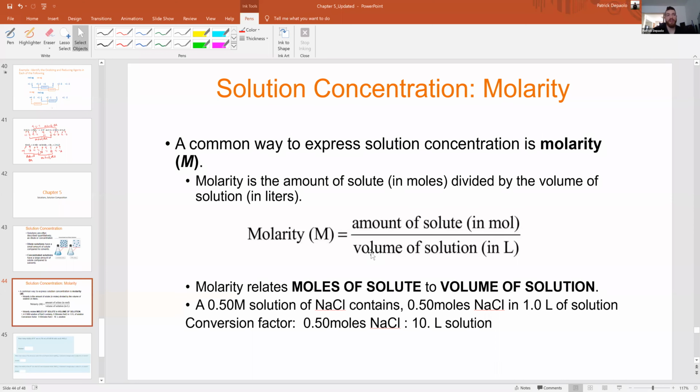If you had 58 grams of NaCl, put it into 2 liters of water, what's the molarity? First, you would take 58 and divide it by the molar mass of NaCl, which happens to be 58, you get 1 mole. Divide that 1 mole by 2 liters, you get 0.5. So 0.5 is the molarity. So that's a 0.5 molar solution of NaCl.